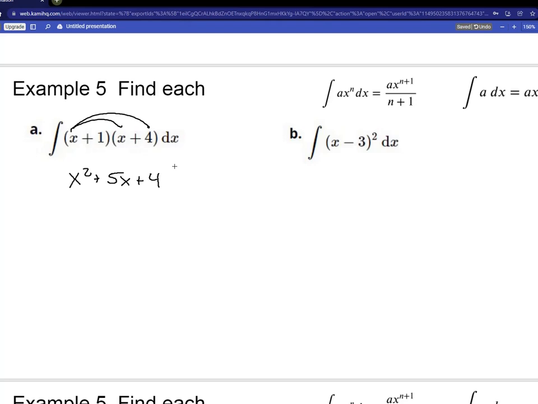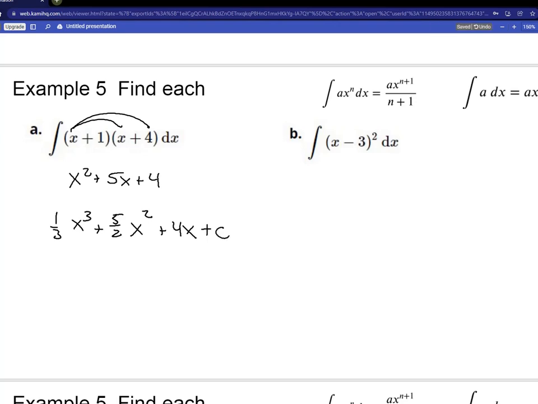All right. So now all I can do is integrate it. What do you get? I got 1/3 x to the power 3 plus 5 halves x to the power 2 and plus 4x and then plus c.